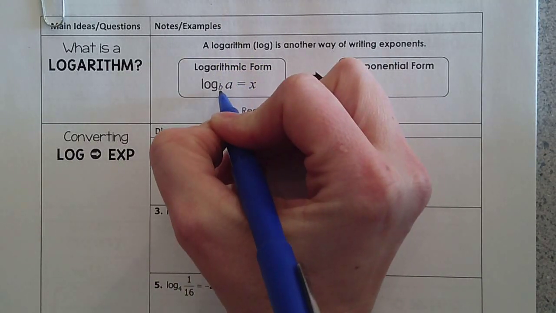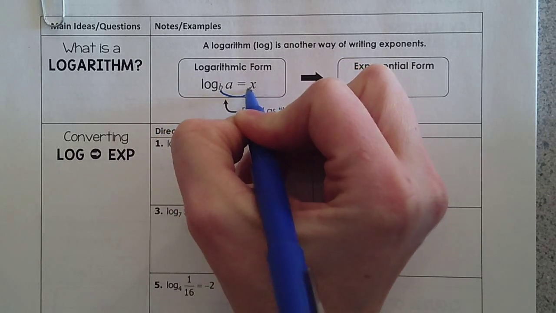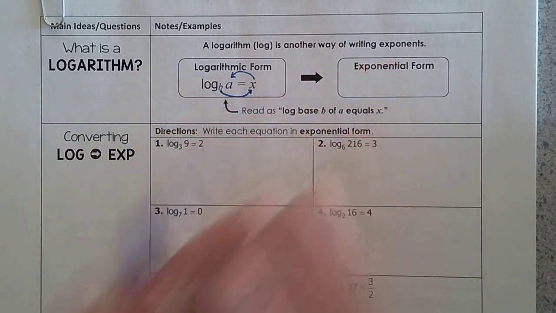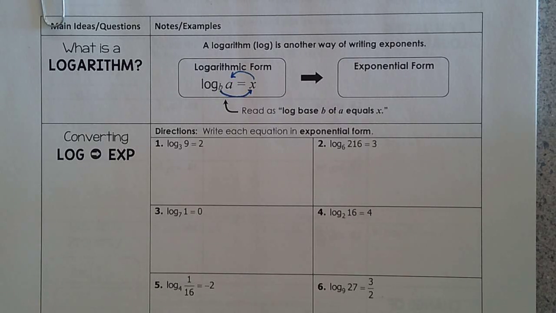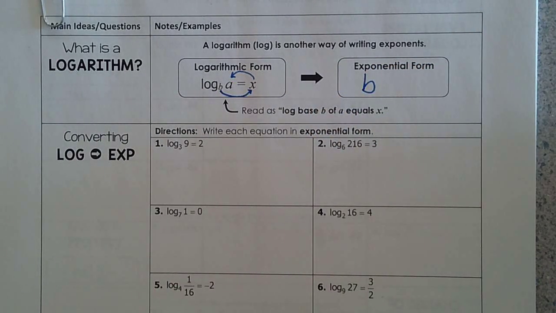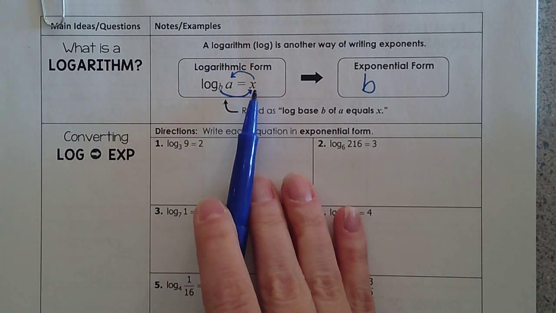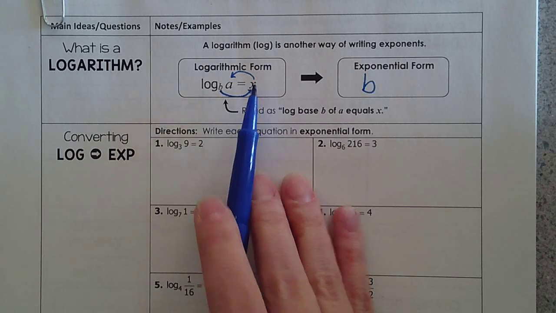The thing that I remember is I start at my base and I roll around like so. Okay? So I start at my base, and that becomes the base in my exponential equation. And then the other thing I remember is that a log solves for an exponent. So this guy at the end is my exponent.